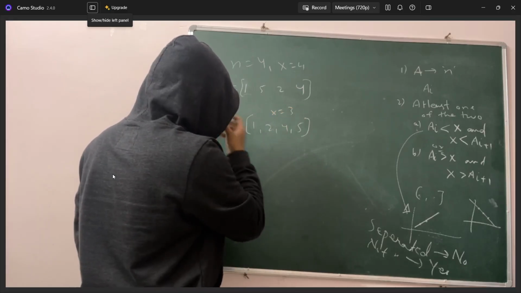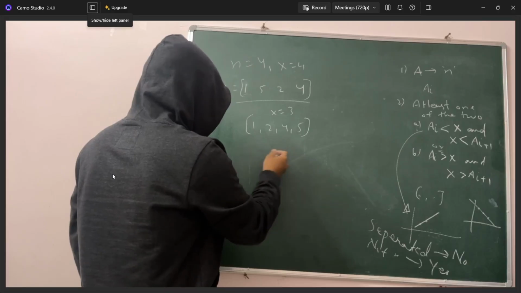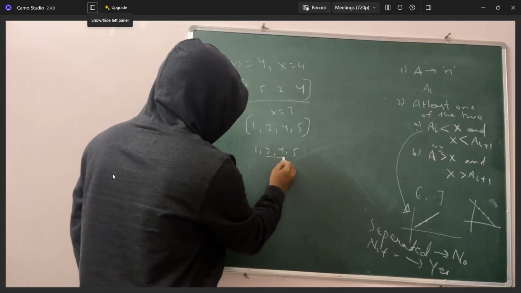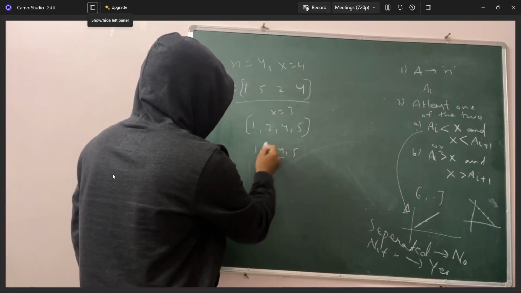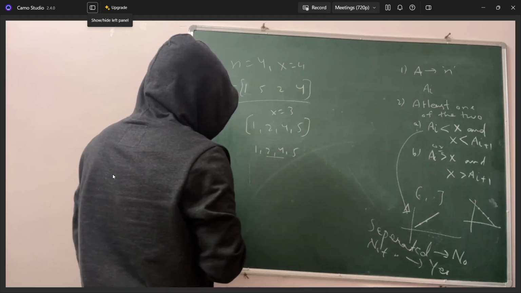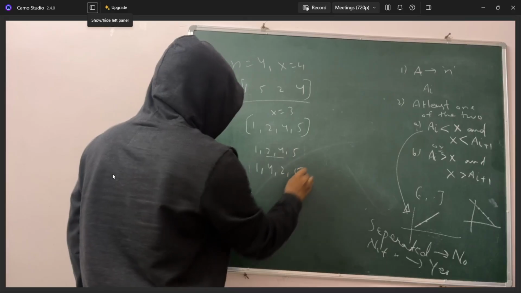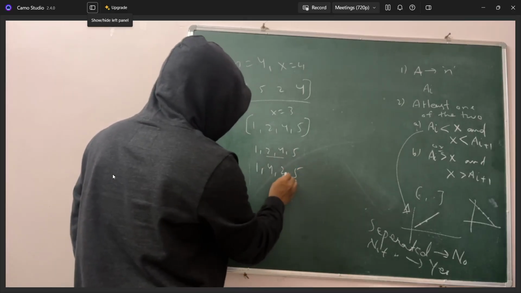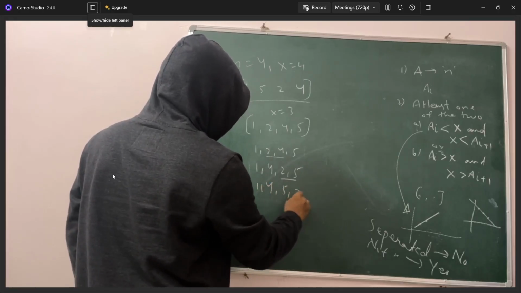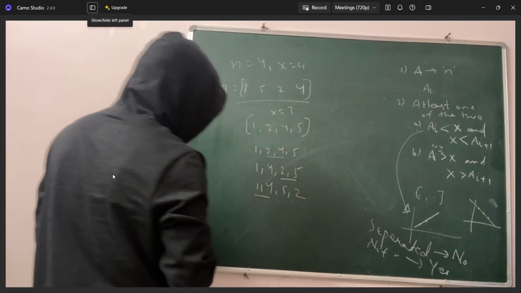When x is 3, no matter what arrangement you take, let's take 1 2 4 5 as one of the arrangements. So this is the place wherein it is adjacent, sorry, separate. These conditions are satisfied. Now the next arrangement would be this thing, right? Here in this case also it is satisfying. The next arrangement will be this, and here in this case it will be satisfying. See, x is 3, so it will be satisfying.